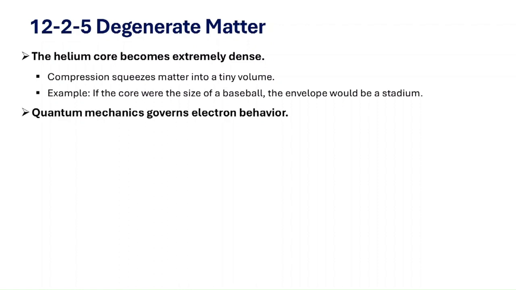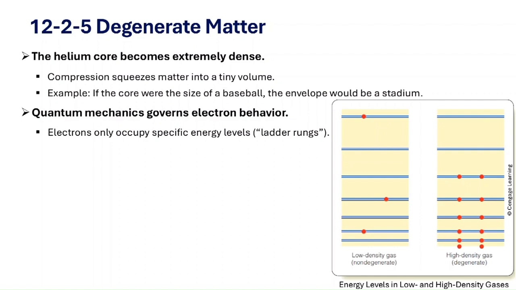Now, when the core gets this dense, quantum mechanics takes over. Electrons inside the core can only occupy specific energy levels, like the rungs on a ladder shown in this figure. And remember the Pauli exclusion principle. It prevents two identical electrons from occupying the same level.